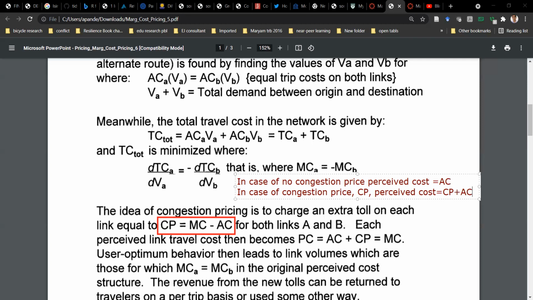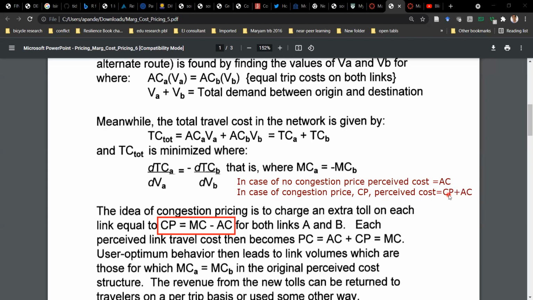Okay? Now, as a traveler, you always want to minimize your perceived cost. So as soon as that CP gets tacked on, your tendency is that, okay, I'm going to minimize, and let's assume that both routes have toll and their average cost. So what your goal will be now is to minimize that highlighted thing, CP plus AC, because that's your perceived cost.